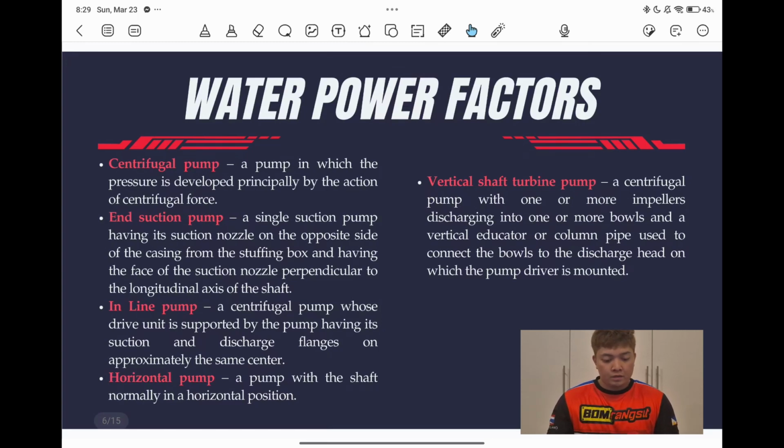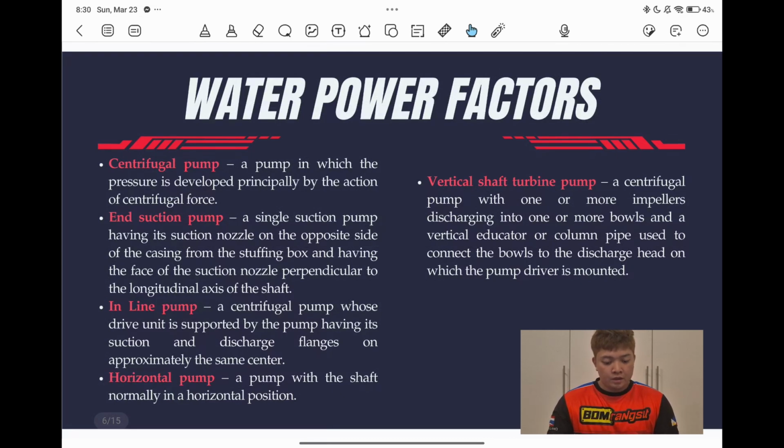Centrifugal pump: a pump in which the pressure is developed principally by the action of centrifugal force. End suction pump is a single suction pump having its suction nozzle on the opposite side of the casing from the stuffing box, having the face of the suction nozzle perpendicular to the longitudinal axis of the shaft.